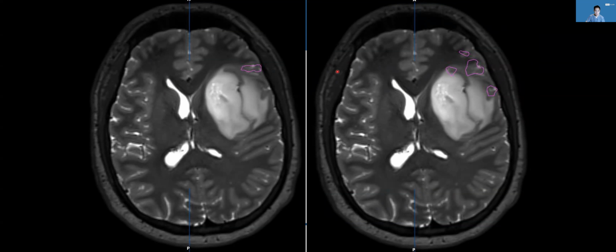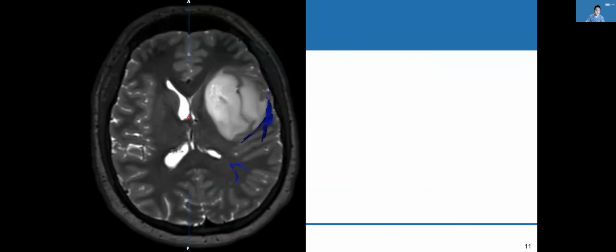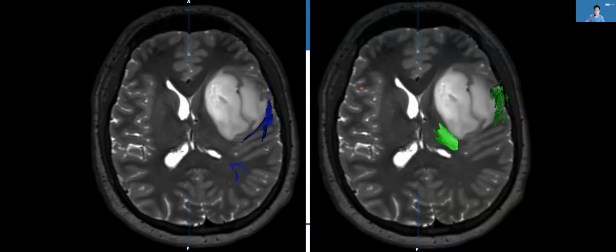And so we're like, okay, a lot more areas that we need to avoid in order to get to this tumor. Then we did DTI and saw that there was these white matter tracts that connected production of language to reception or comprehension of language. And then finally, these are motor fibers, motor cortex on the right, and then the descending motor fibers from above on the left.